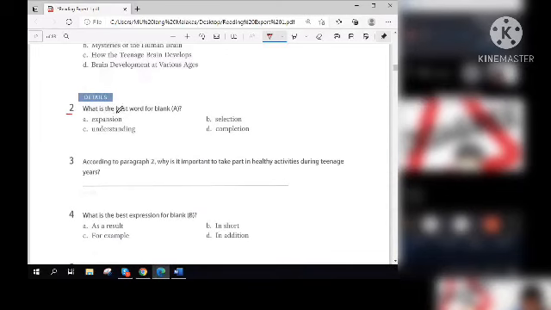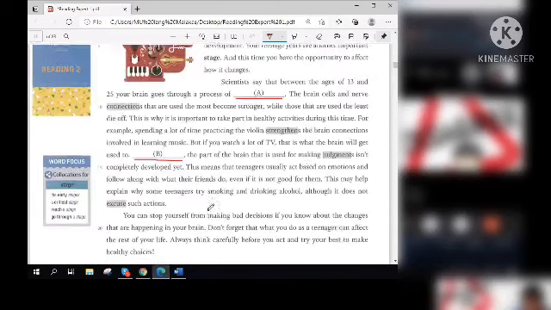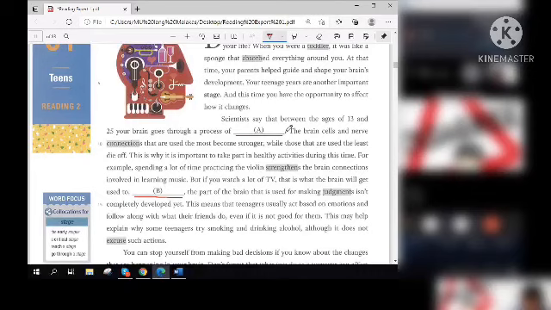It says here, what is the best word for blank A? It will also ask you later, what is the best expression for blank B? So you need to choose the right choice that will fit that sentence back in the story.